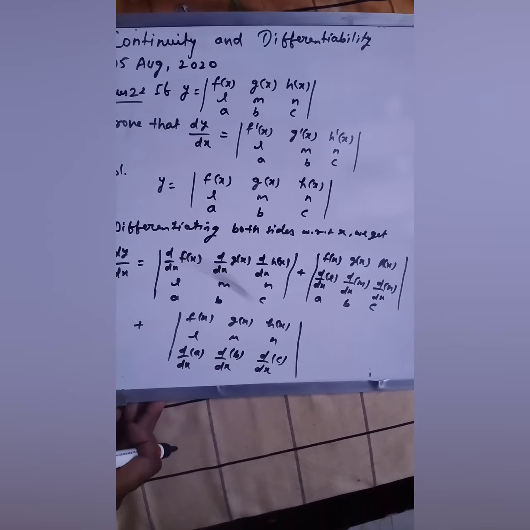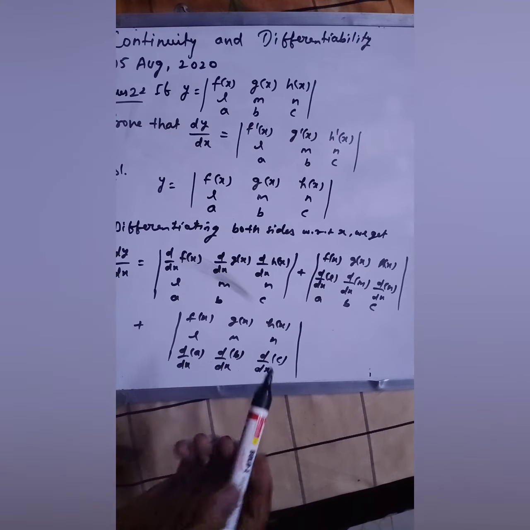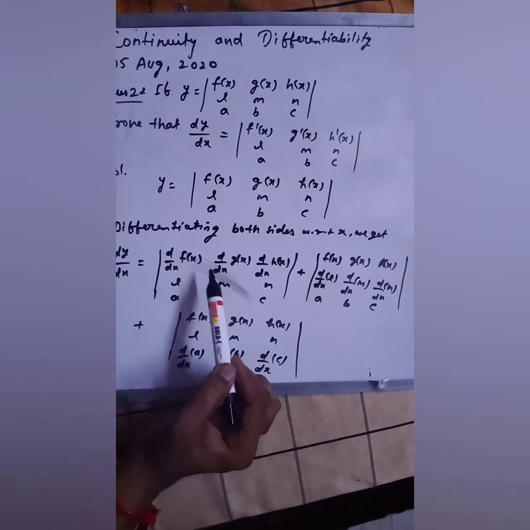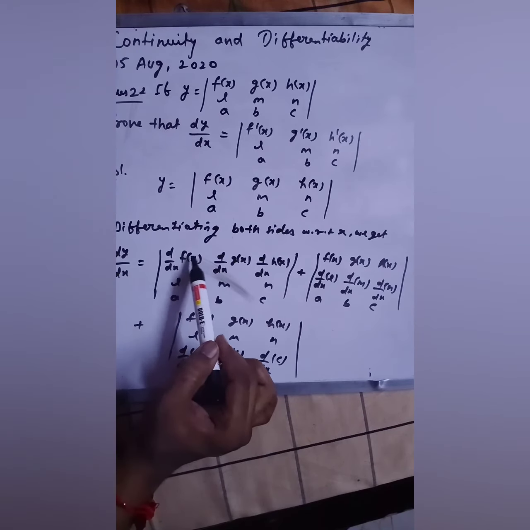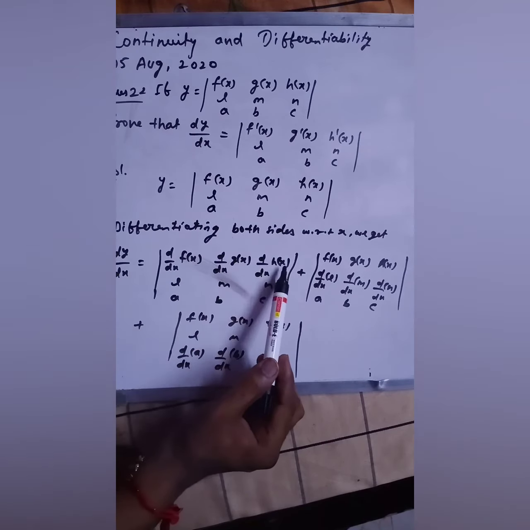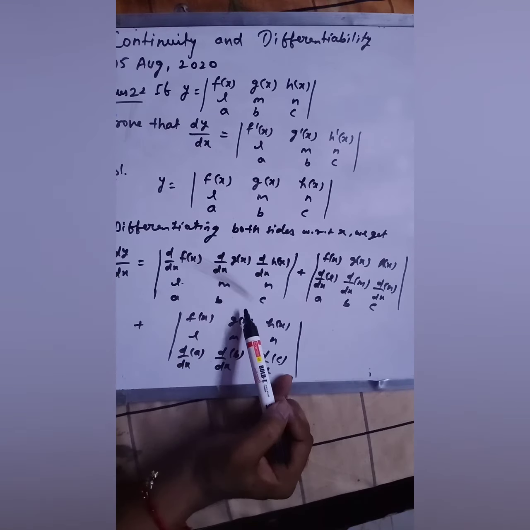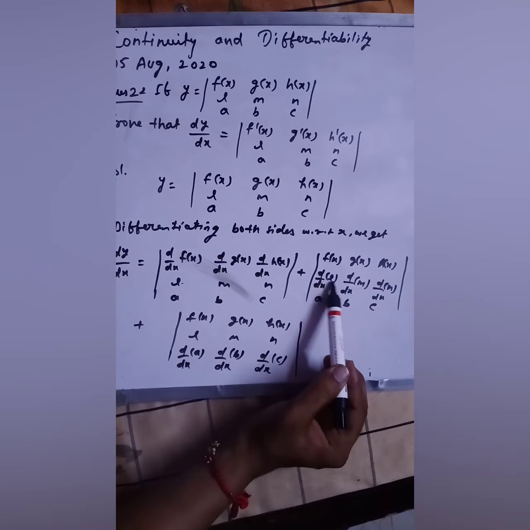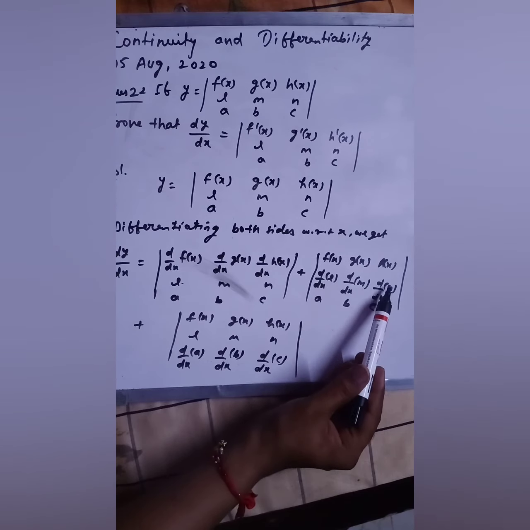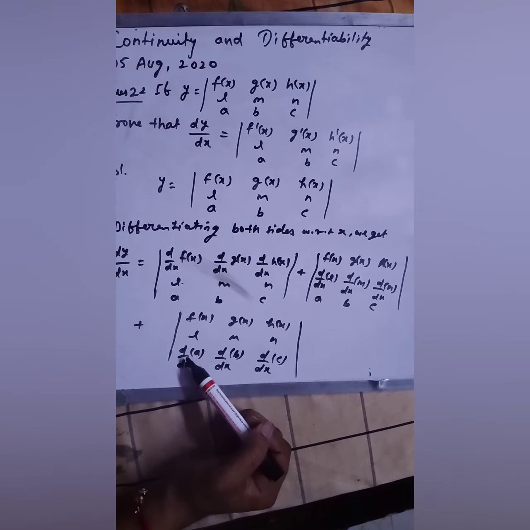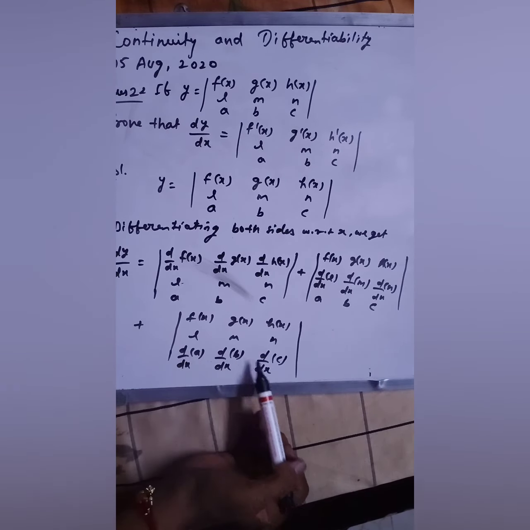Got it? Now you can see that the derivative of this would be f dash x, g dash x and h dash x, and the other rows remain the same. And the derivative of L, M, N would be 0, 0, 0. And here the derivative of this would be 0, 0, 0.